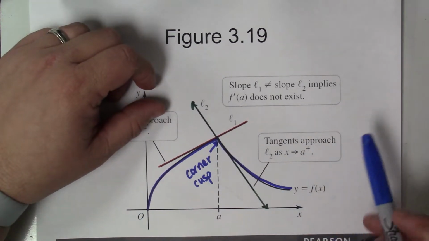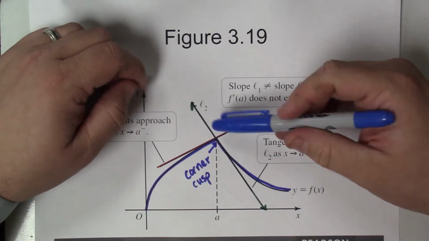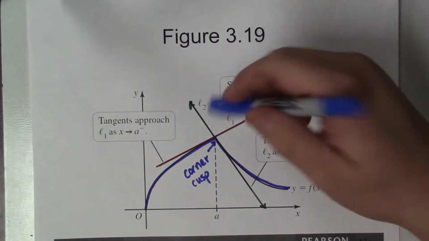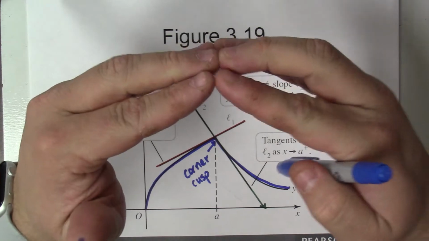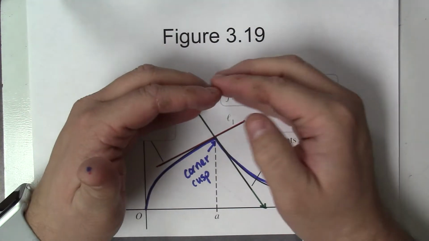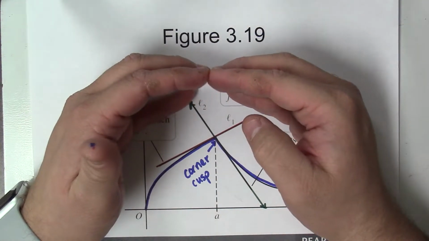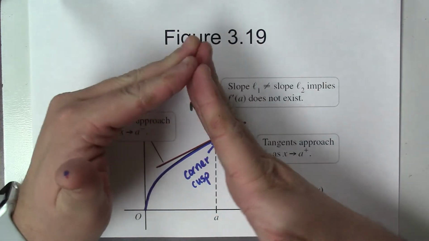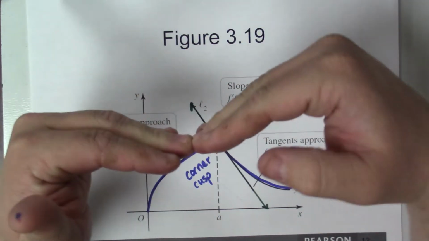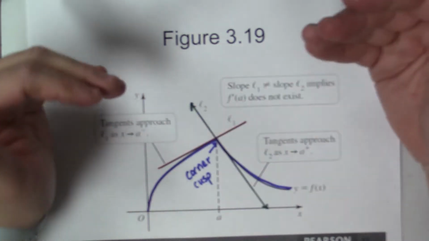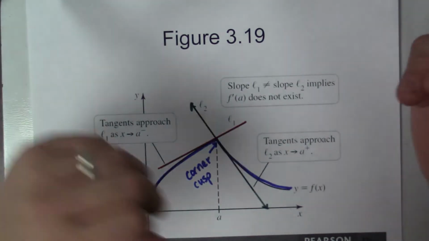So this is a corner. If it's nice and smooth where they're doing the same thing, we're okay. But if I have a kink or a cusp or it changes, something weird's going on where it's not fluid, it's not smooth, then it's not differentiable.